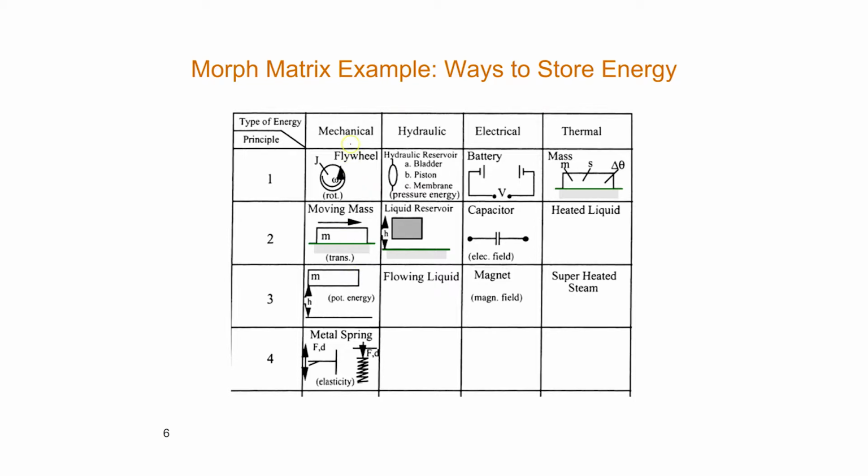And so these are all mechanical solutions, so flywheels, a raised mass, a spring. Hydraulic ways, such as a bladder. Electrical ways, such as a battery or a capacitor. And then thermal ways, such as a thermal mass. So that's a morphological matrix for just one function.